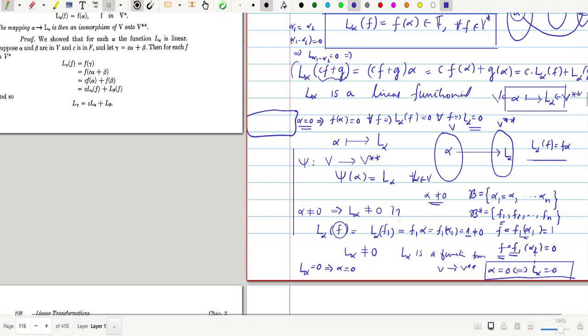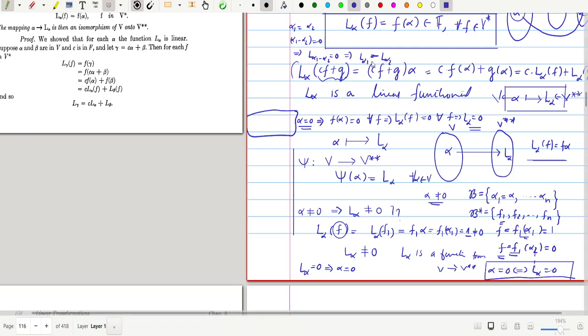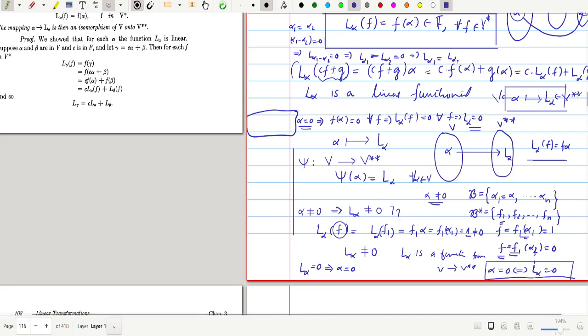From this you can write L of alpha 1 minus alpha 2 is the same as L alpha 1 minus L alpha 2. So we will prove it right now, and you can get this is equal to 0 implies L alpha 1 equal to L alpha 2. So whenever alpha 1 equal to alpha 2, then you can get L alpha 1 equal to L alpha 2. So this is the definition of a function.